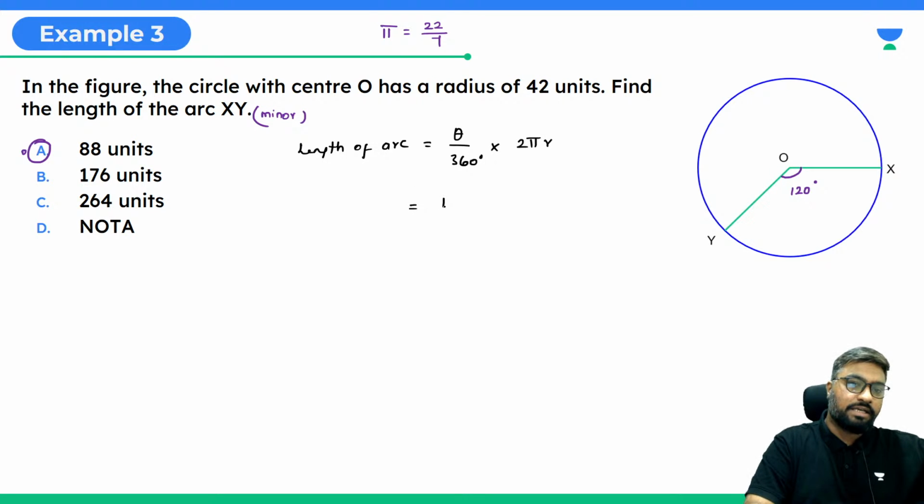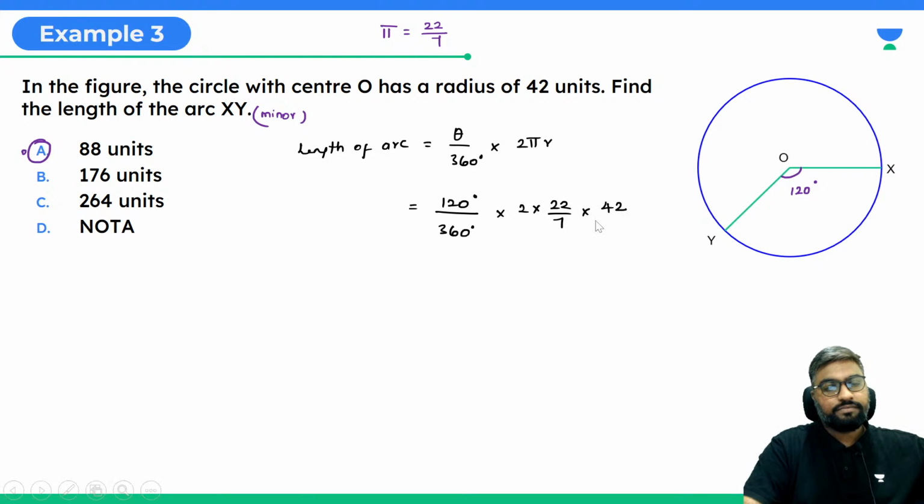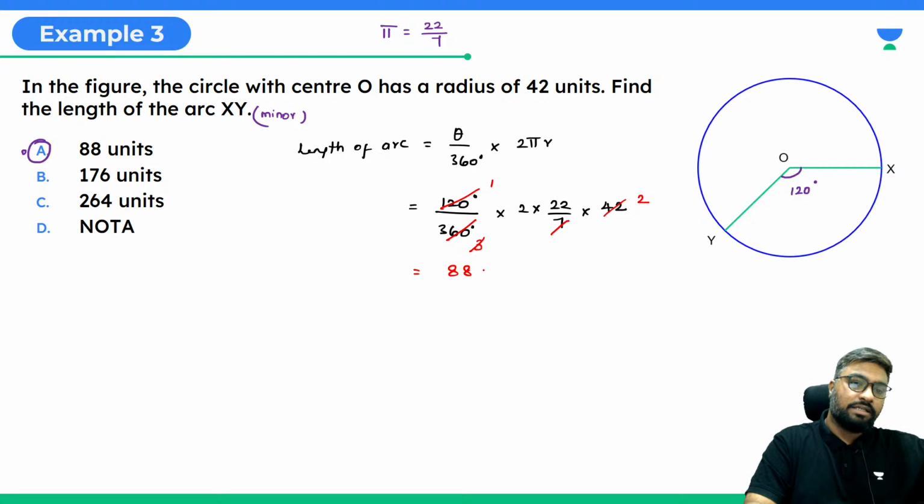Yes, theta is 120 by 360 degrees into 2 times pi, 22 by 7, r क्या है? 42. So this becomes 1 by 3. This is 21. This is 2 times 22 into 4, which is 88. बढ़िया.